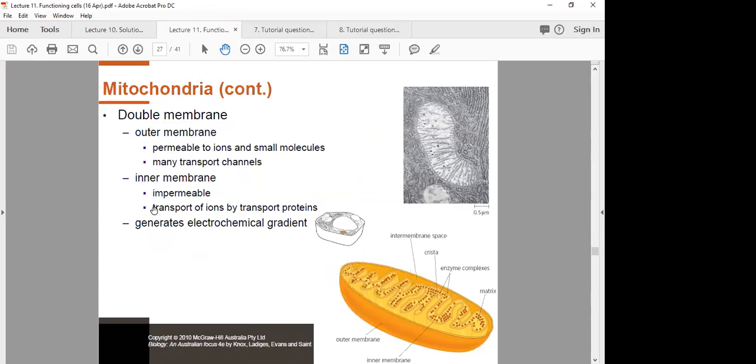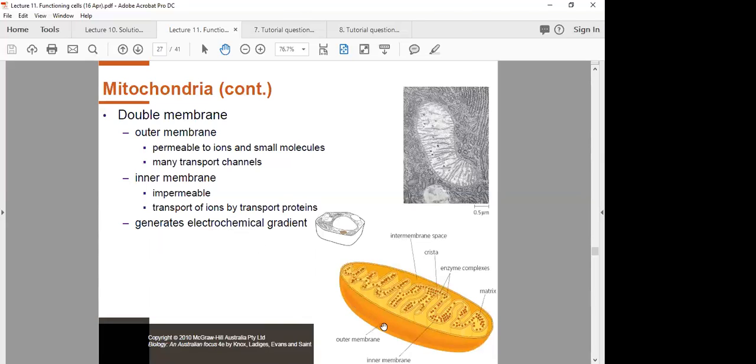So this difference between those two membranes enables an electrochemical gradient to be set up. That is, an electrical gradient and a chemical gradient. And this gradient is crucial for enabling the extraction of energy from fuel molecules and the synthesis of ATP. But we'll talk a lot more about that in second semester.